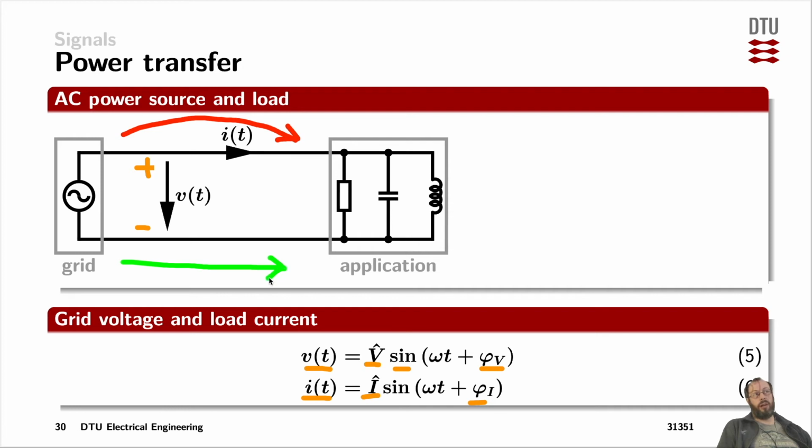It can be positive, meaning it's supplying power from the grid towards the application, but it's also going the other way. When it's negative, it's reversing the direction of the power flow, and it's bouncing back and forth between the source and the sink, or the load, as it's also called.